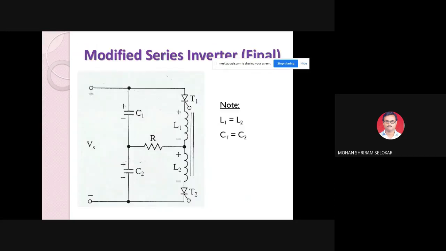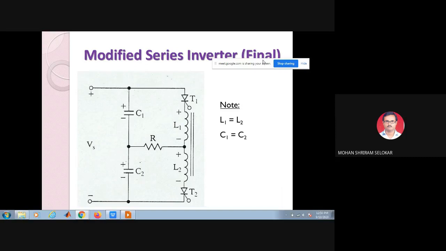Okay. Now listen, basically how this circuit works.